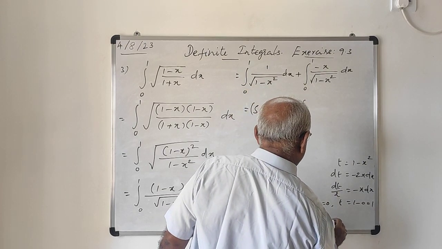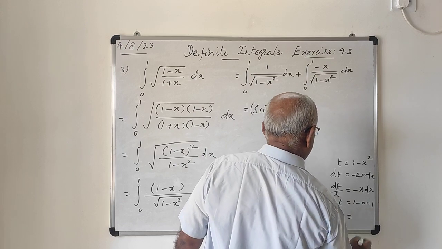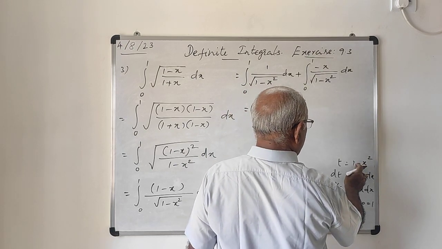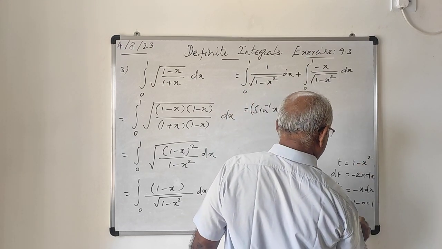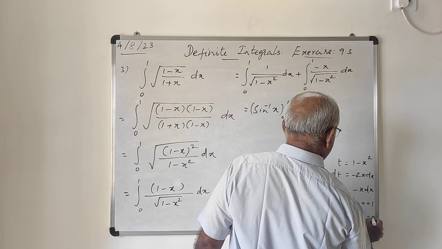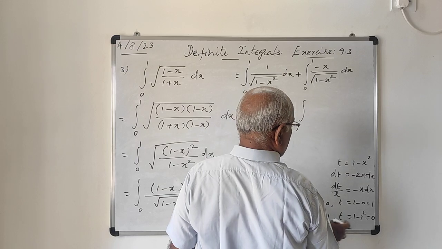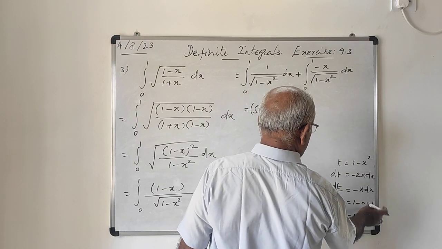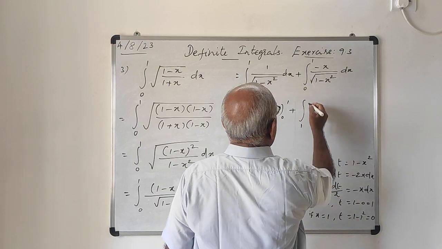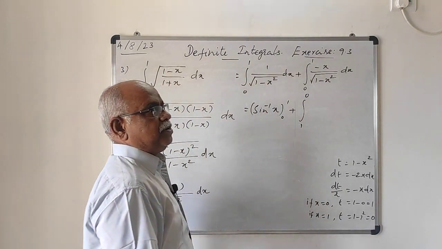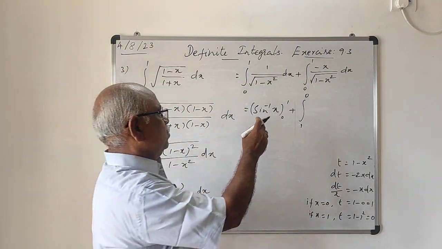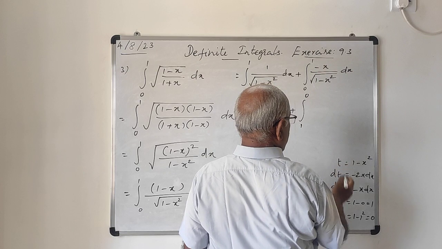Similarly, if x equal to 1, t equal to 1 minus 1 square, which is 0. So the limit 0 to 1 is replaced by 1 to 0.